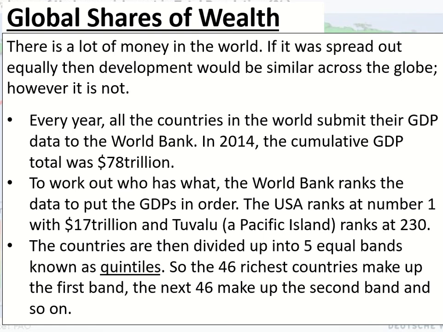Depending on what you're looking at, population is normally the one they show, but it could be country by country. And so they'll do the 46 richest countries in the top band, the next 46, the next 46, the next 46, and that'll all add up to 230. Or they could do it by population, which my next slide shows us.